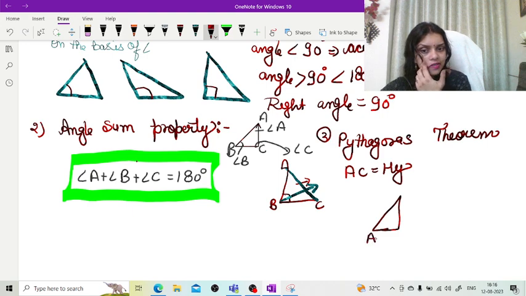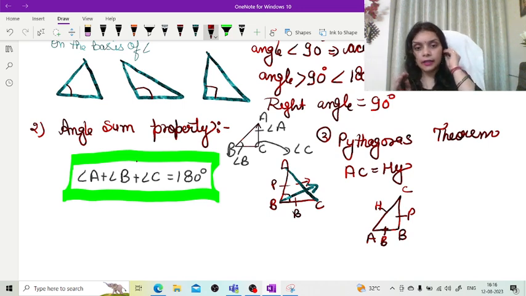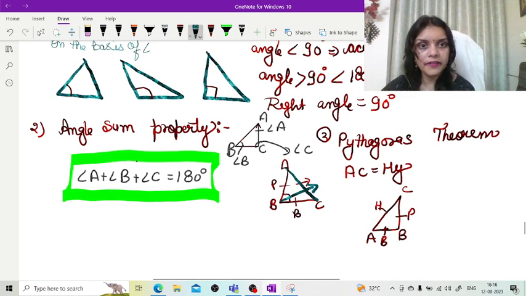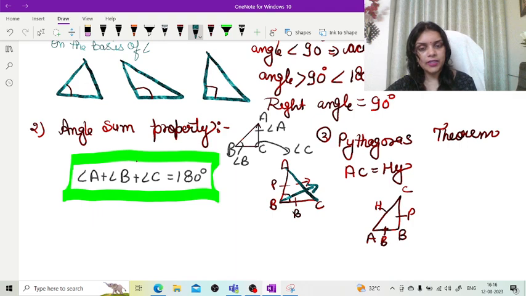And now this will be A, this will be B, and this will be C. The hypotenuse will be the same, but now this is perpendicular and this is base, whereas here this is base and this is perpendicular. Hence proved, on both sides, anyone can be perpendicular, anyone can be base, right? So no confusion. If you have any confusion regarding this, you can ping me.